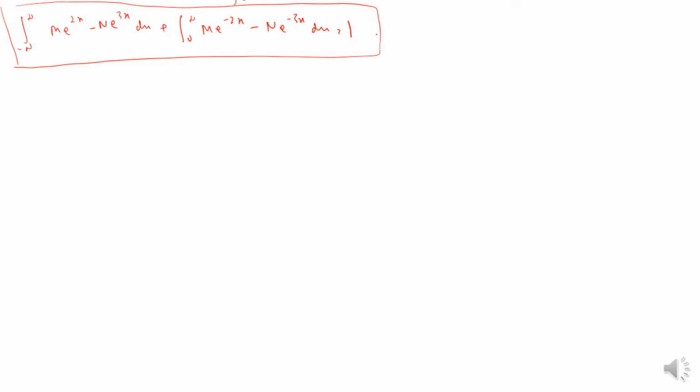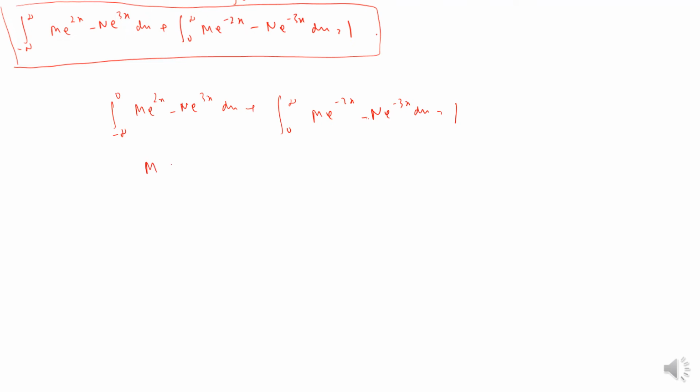Here the integral is minus infinity to 0 of m e power 2x minus n e power 3x dx, plus 0 to infinity of m e power minus 2x minus n e power minus 3x dx.